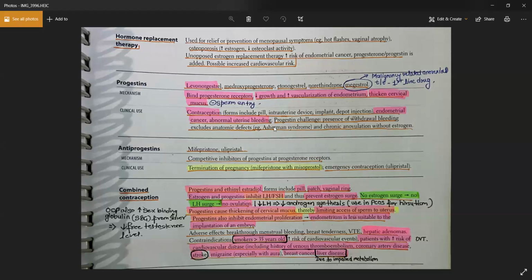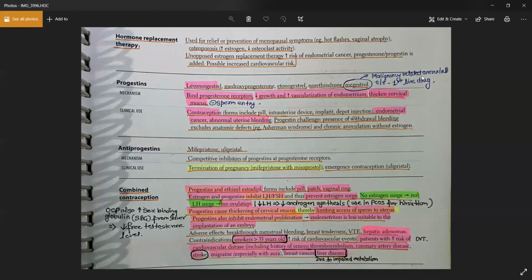Any doubt? Now you also have to remember the use of this drug, megestrol, which is basically to treat malignancy-related anorexia. Remember the anorexia and the cachexia? Anorexia is just when you don't want to eat the food, right?